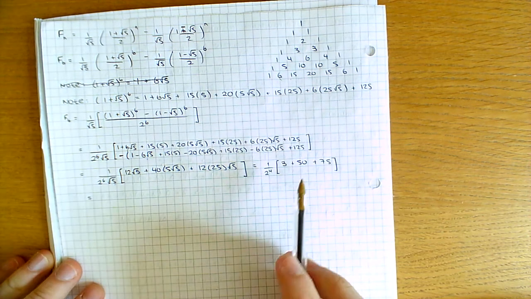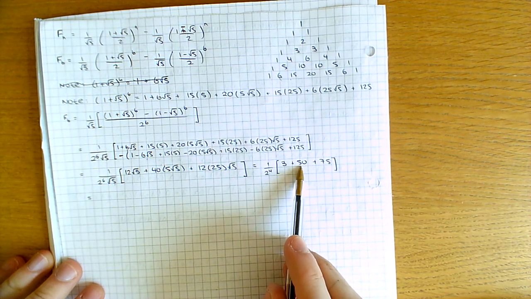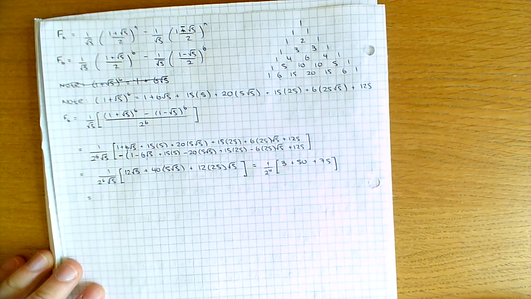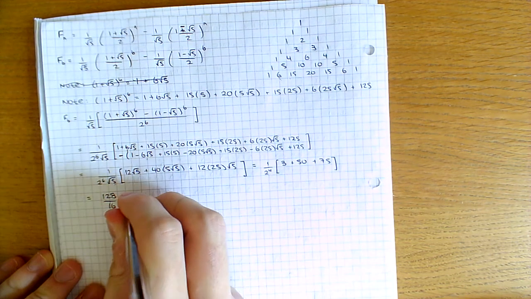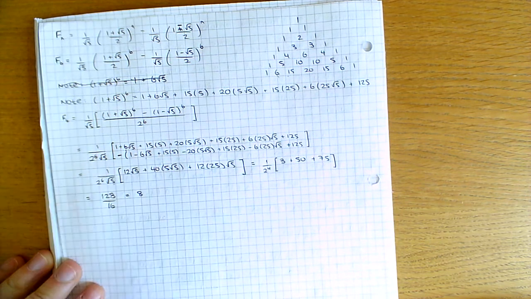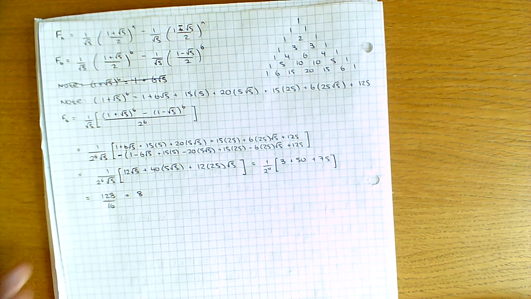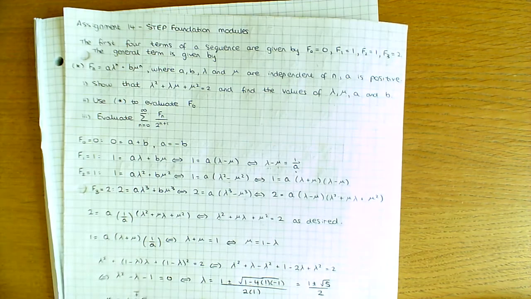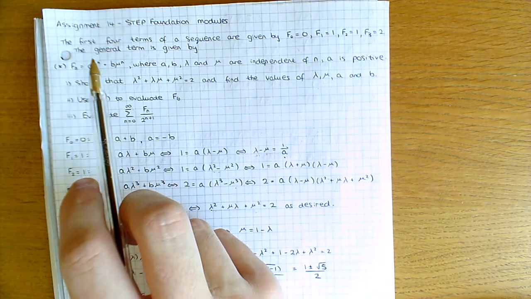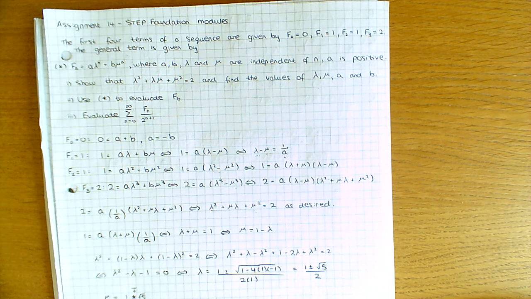So 75 plus 50 is 125, plus 3 is 128. 2 to the 4 is 16, and 128 divided by 16 is 8. Okay, and so that is the value of f6. You might want to check this by calculating the Fibonacci numbers explicitly and checking that f6 does give you 8, but that is the right answer.